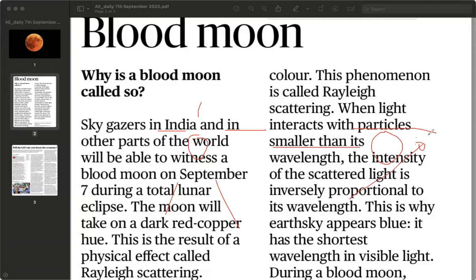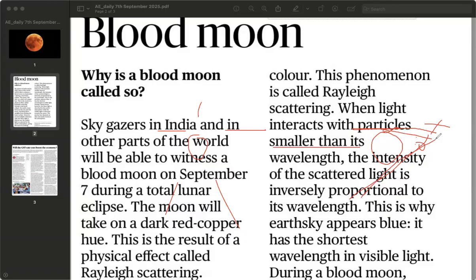And through the atmosphere, the light bends and it reaches the moon, and this is where the magic happens. Because of the earth's atmosphere, these rays bend and then reach the moon.